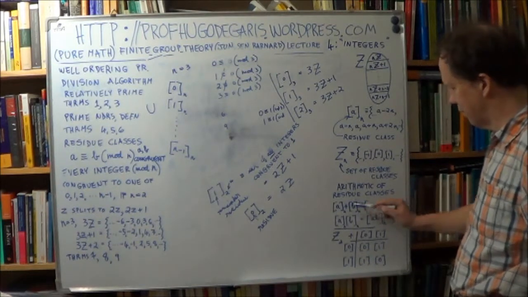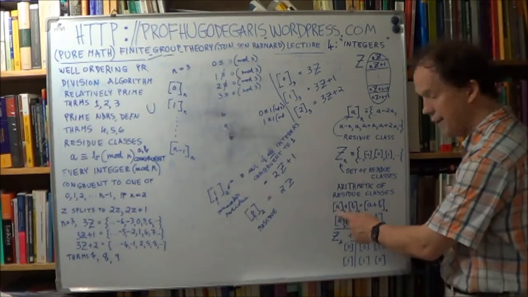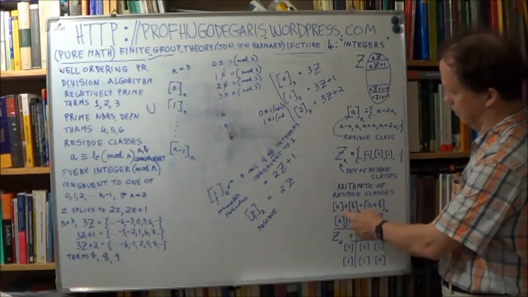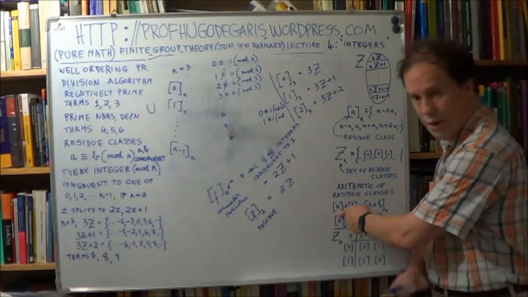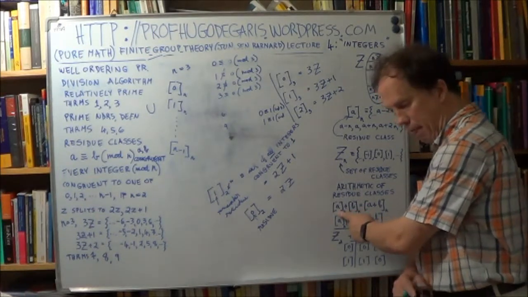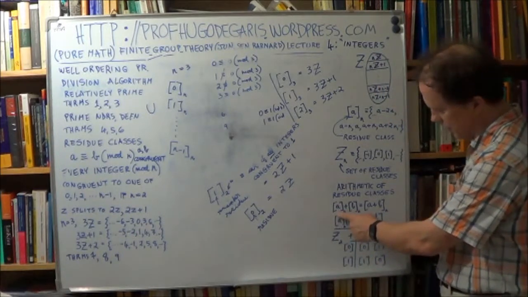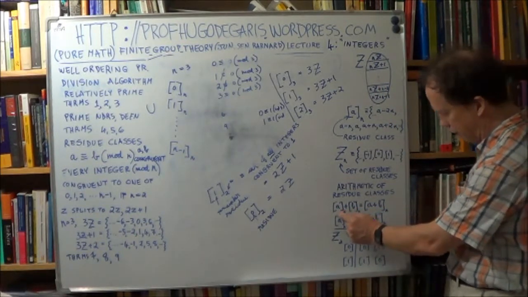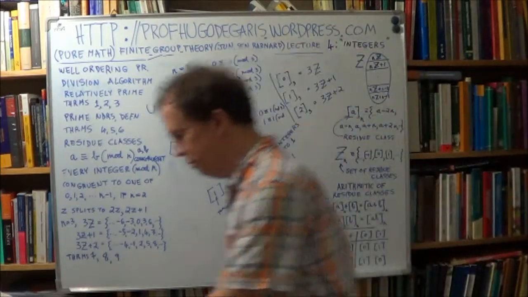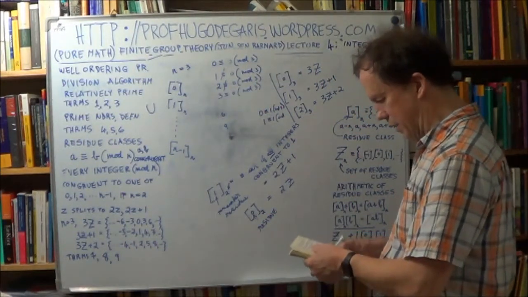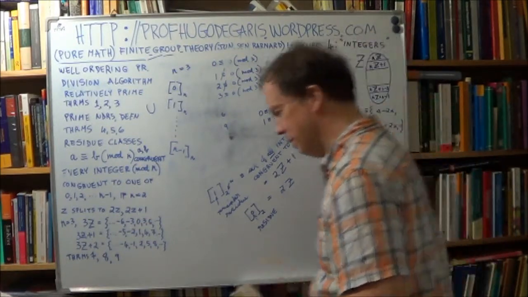So it's sort of like arithmetic. But remember, these are sets, right? A residue class or a set, class, set, same thing in this context. So how to prove that? Let me try to prove that. So this would be theorem 8.